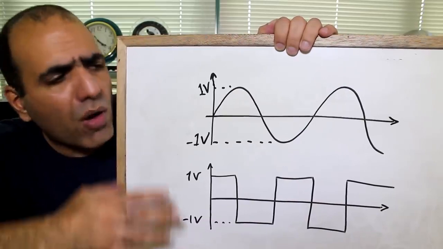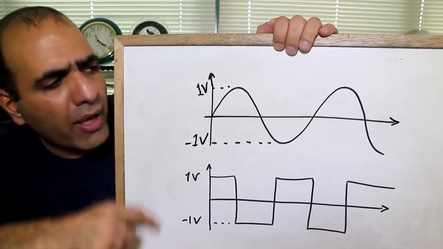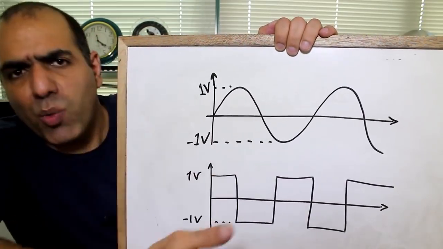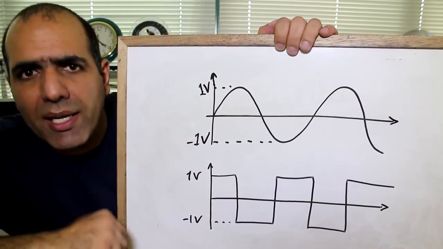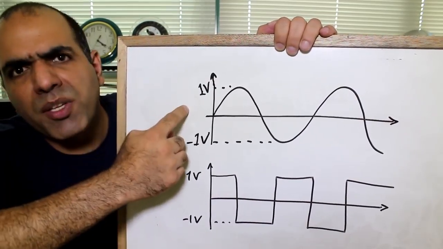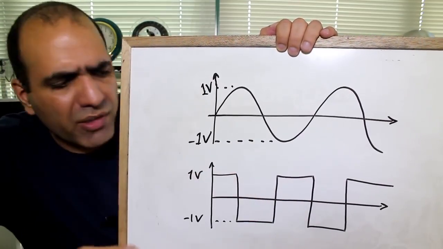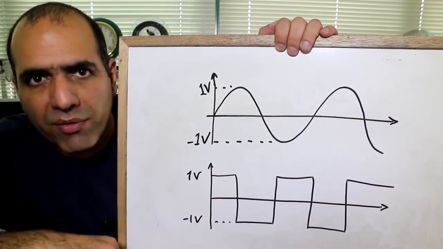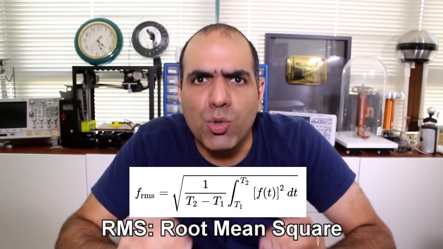Now you could refer to all these waveforms by their magnitude, like a 1 volt peak sine wave or a square wave, but it's kind of meaningless in terms of electronic power delivery, because for example, a 1 volt peak sine wave delivers a different power than a square wave or a triangular wave. That's why for power lines, instead of using the peak voltage or current, we use RMS or root mean square value.